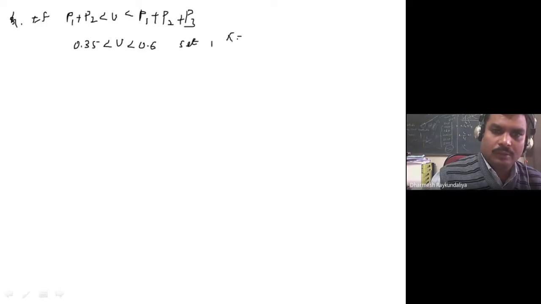So the next step is if p1 plus p2 is less than u less than p1 plus p2 plus p3, so this is 0.35 less than u less than 0.6, set x equal to 3 and stop.